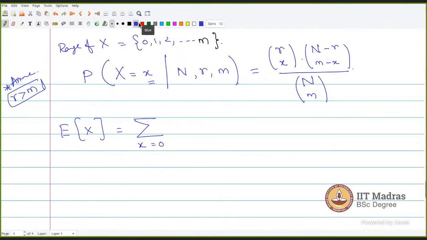See, you can see here, M minus x should be greater than or equal to 0, and x should be greater than or equal to 0.